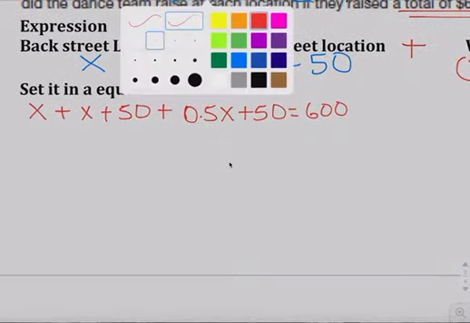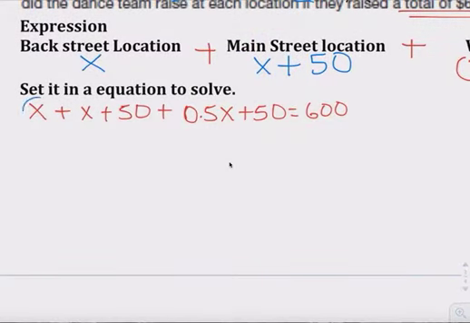Let's see. Change the color. All the X. Okay. We get 1, 1, and a half. 2.5X. So I'll cross those out.